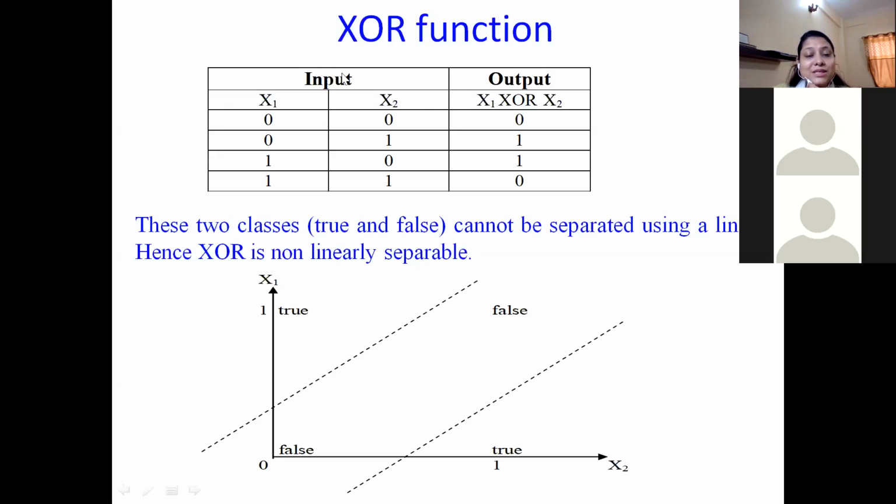But here you can see that by drawing only one straight line, it is somewhat impossible to segregate the two classes, because here the two classes are not linearly separable. They are non-linearly separable. So what to do?